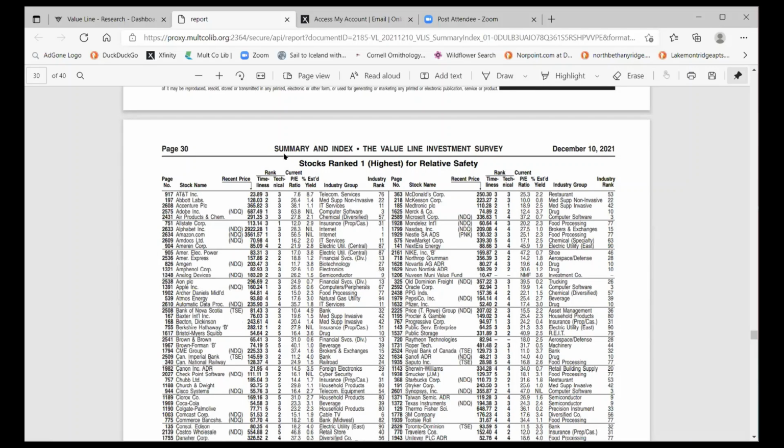So this says it is a 1 in safety, because everything on this page is a 1 in safety. It is a 3 in timeliness, and 3 in timeliness in their system means it will just follow the market. It will go neither up nor down. It will just follow the market. So that's, being a 1 gives me confidence.